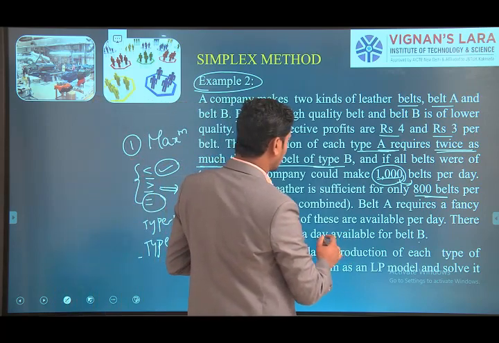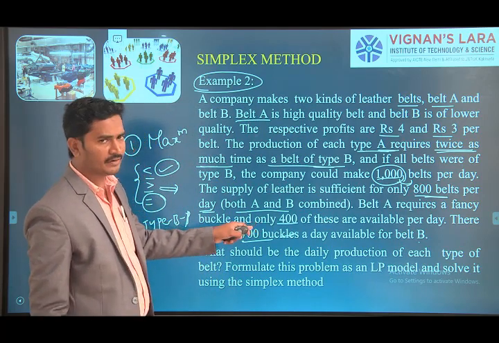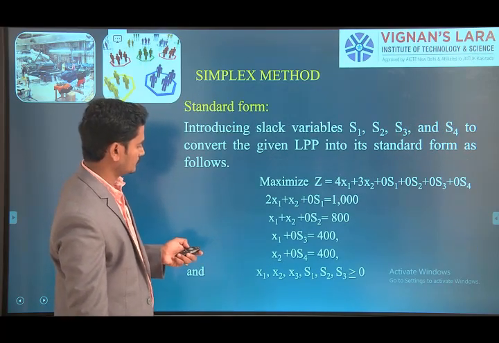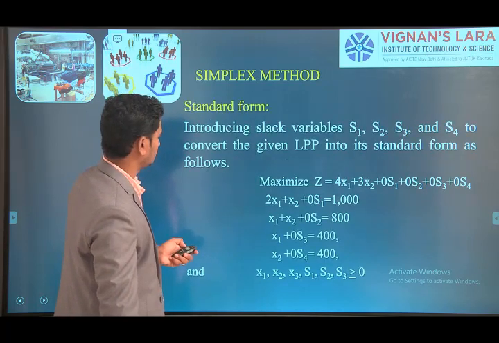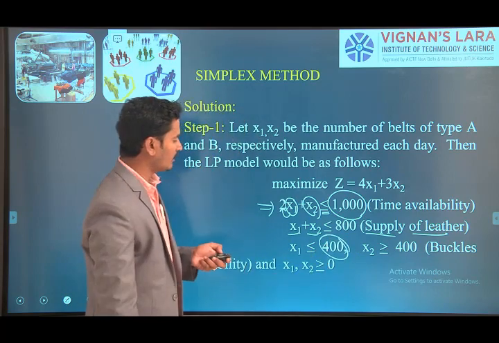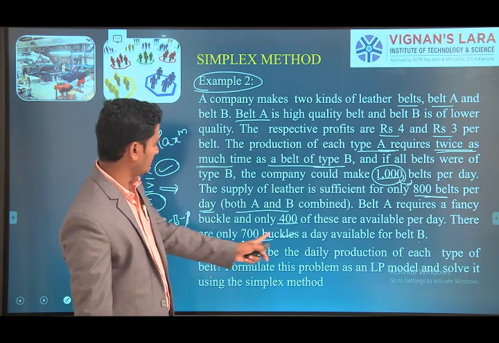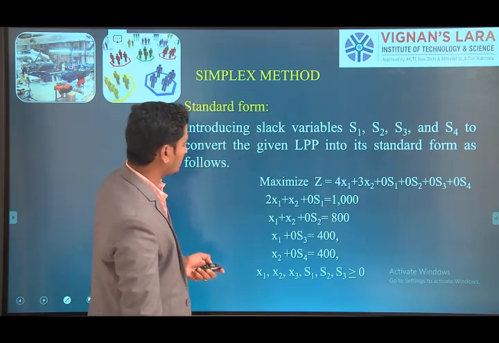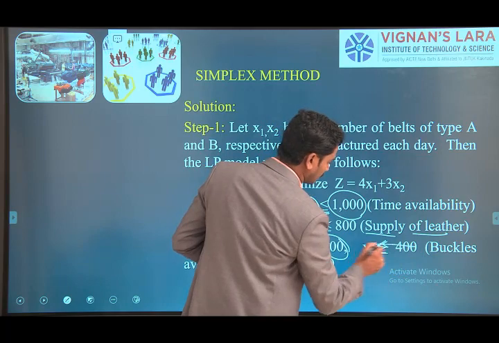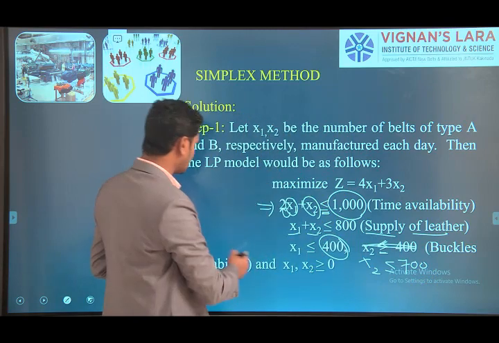Only 700 buckles a day are available for belt B. Here the fancy buckle is required for A, total we have 400 buckles, so x1 is less than or equal to 400. Then what about x2? We have 700 buckles, so x2 is less than or equal to 700. These are the buckle availability constraints.